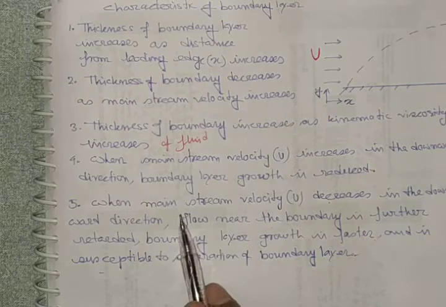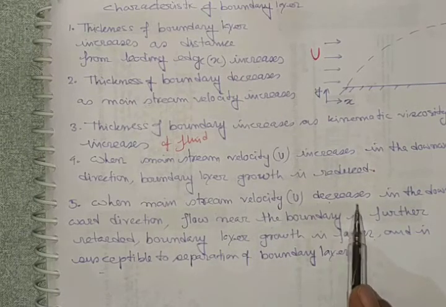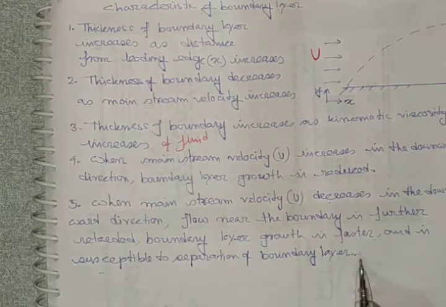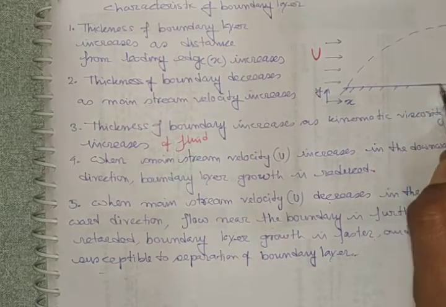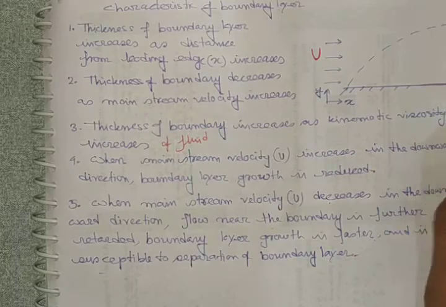If mainstream velocity decreases, then separation of the boundary layer may occur on the surface of the body.